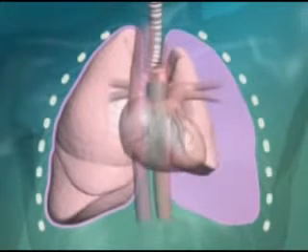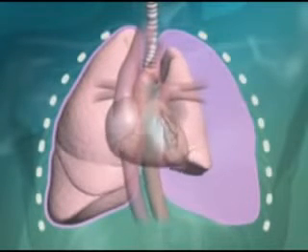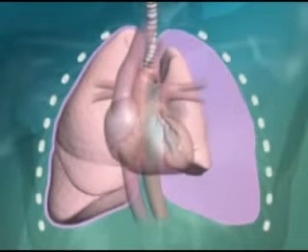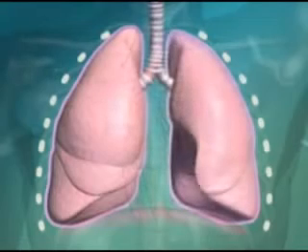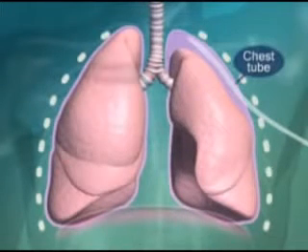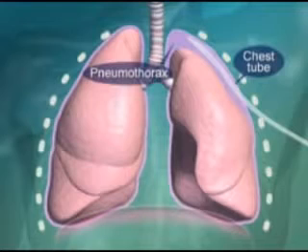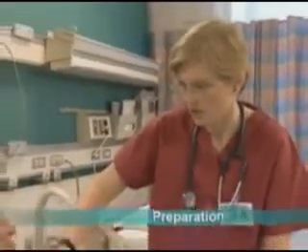If the pressure builds, it can compress blood vessels and shift the mediastinal contents, including the heart and bronchi. Without treatment, tension pneumothorax can lead to cardiac arrest. Chest tubes and drainage systems help relieve a pneumothorax by restoring the negative pressure in the pleural space, which allows the lung to re-expand. So, Mr. Smith, we are going to put this chest tube in.